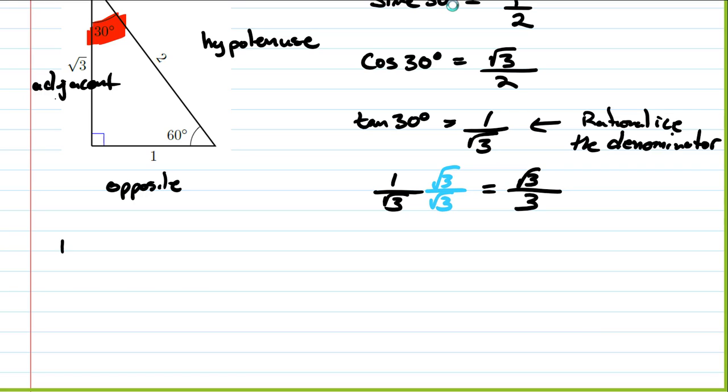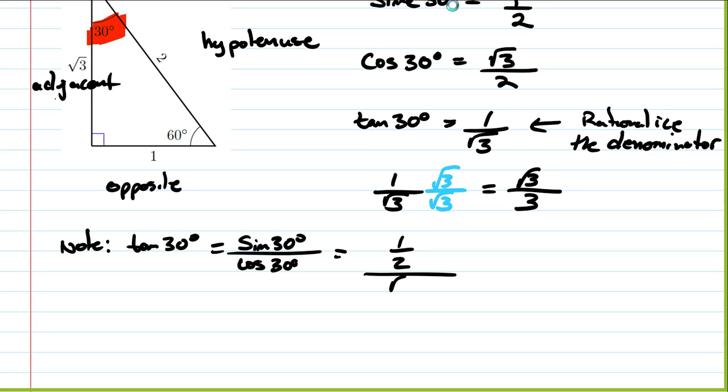It's also worth noting that tangent 30 degrees is equal to sine 30 divided by cosine 30, which we'd already calculated, so it's 1/2 divided by root 3 over 2. So 1/2 times its reciprocal, 2 over the square root of 3.